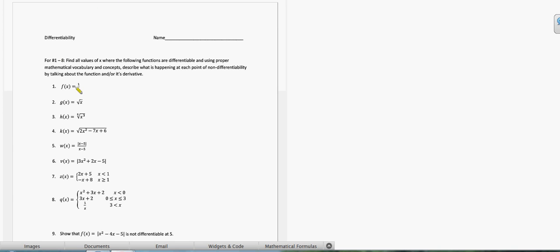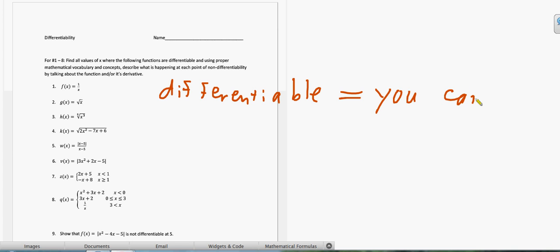In this assignment, we're talking about finding out where a function is differentiable, and then talking about what's happening where it's not differentiable. If you see the word differentiable, all that means is it's possible to find f prime of a.